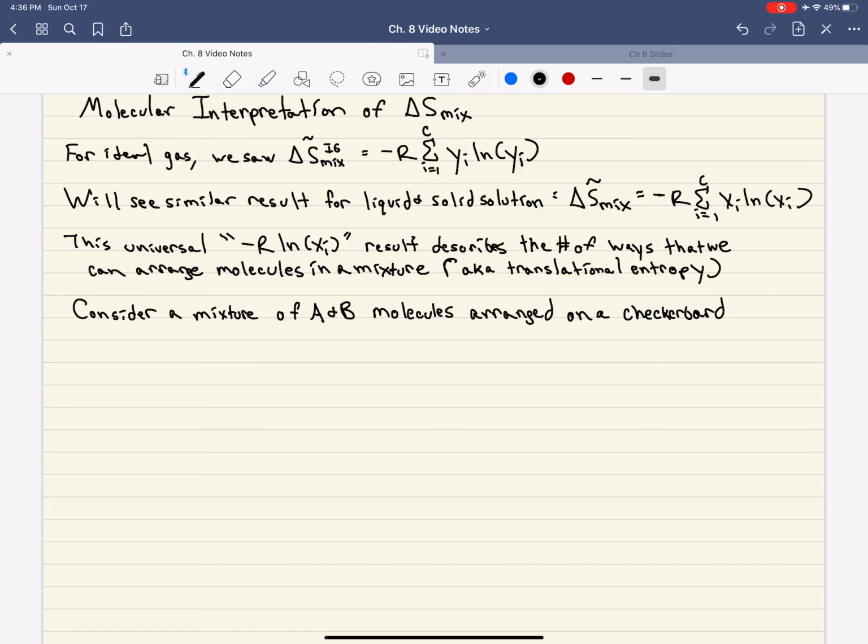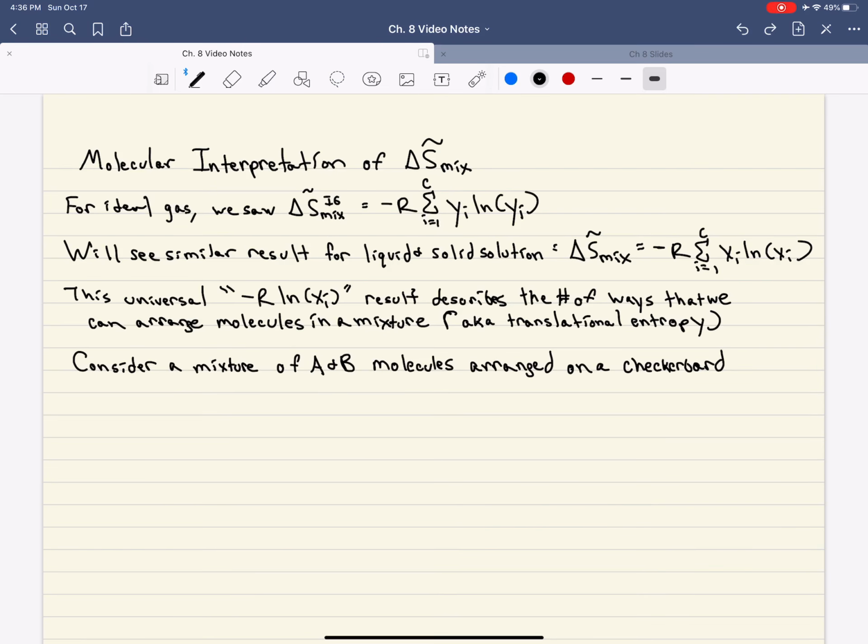And if we particularly look at just the way we could arrange species B molecules, we could call that omega B. All right?